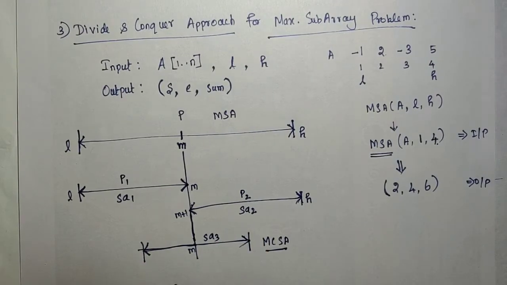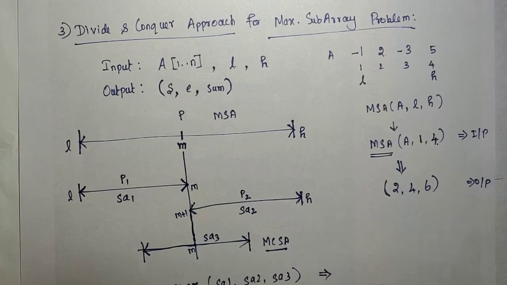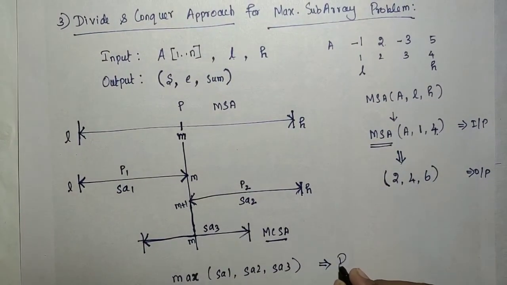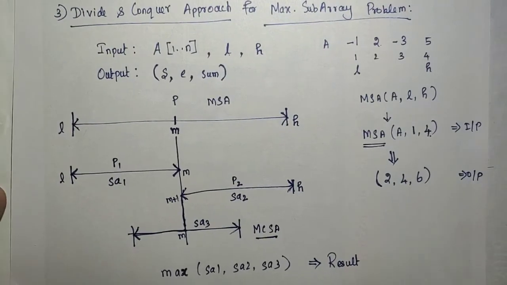So the maximum between the three, subarray 1, subarray 2 and subarray 3, is going to be written as output. This is the result, so we have to obtain the maximum among these three.